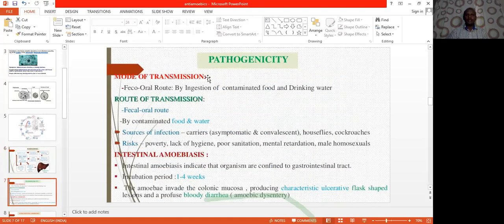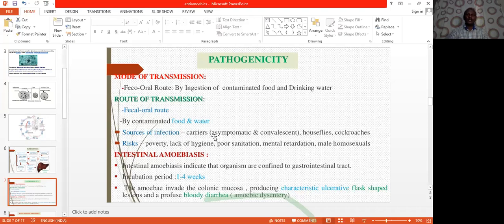Then under pathogenicity, the mode of transmission is ingestion of contaminated food or water, and the route of transmission is majorly the fecal-oral route. Cysts are excreted through the fecal route and transmitted through the oral route, when we take contaminated food or water.